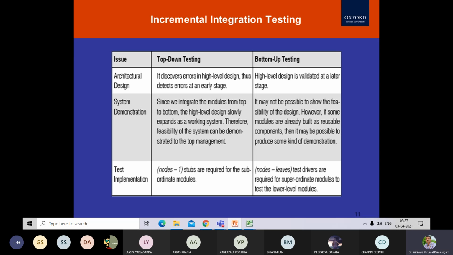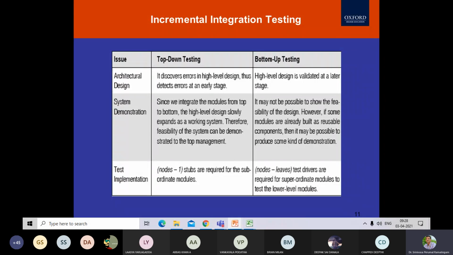And note, stubs are required for the subordinate modules, and here test drivers are required for the superordinate. So it will be in a totally different order. Testing the lower order module first and then checking the next level may not be effective. That's what I said, that top down testing is a better one.